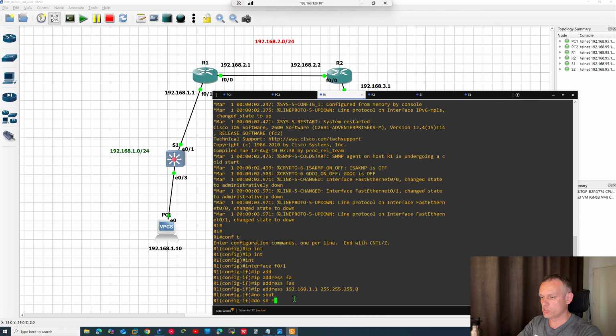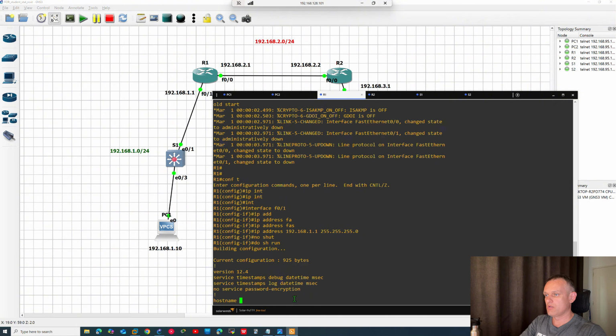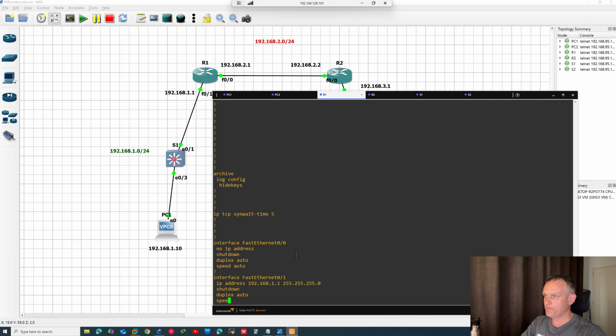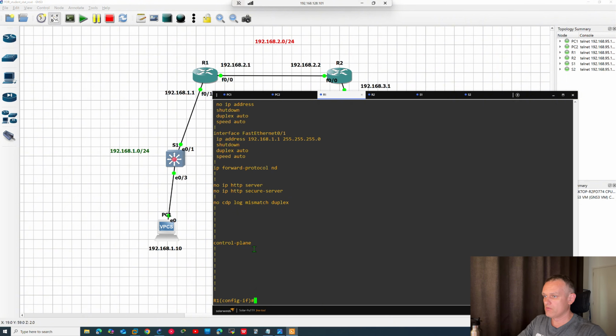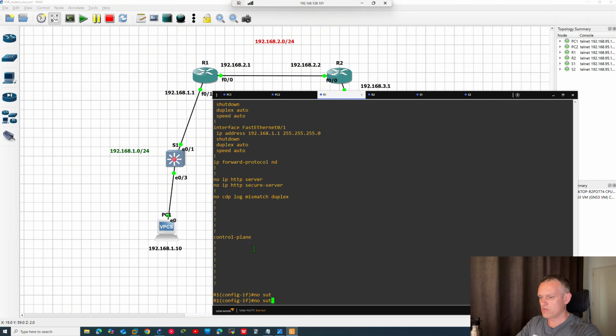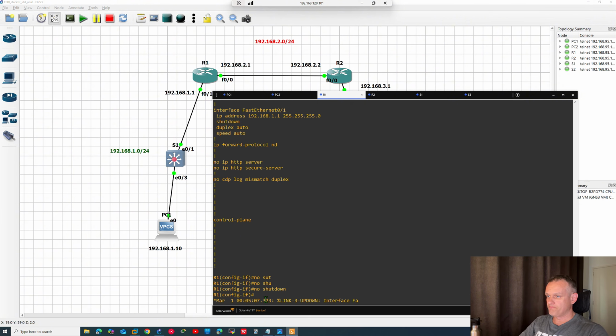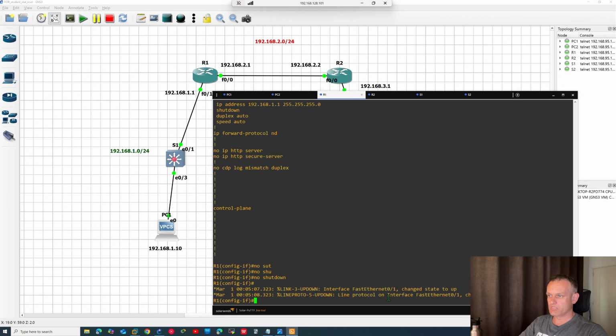Do show run, and from here we can find this interface FastEthernet 0/1 IP address, but it's shut down right now. Okay, no shutdown. Wait a bit, it's gonna come up. You can see it's up right now.